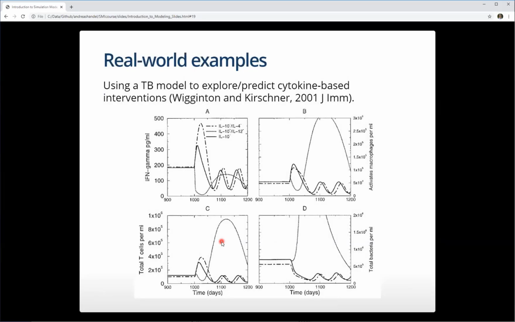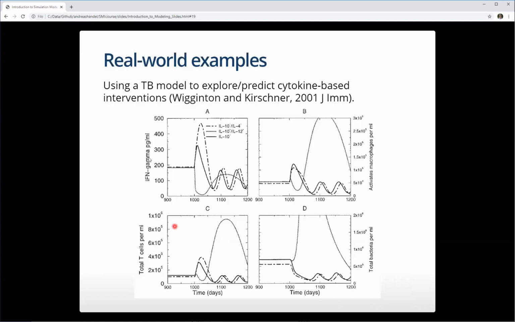Here's a quick example. We'll see that later. This is from a 2001 paper in Journal of Immunology. So what the authors did, they built a model, and then they ran the model. It's for TB, and they were interested in trying to figure out what perturbation of certain cytokines that are considered important for TB infections would do to the system.